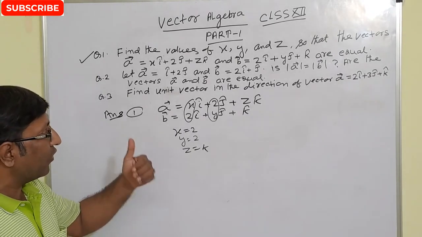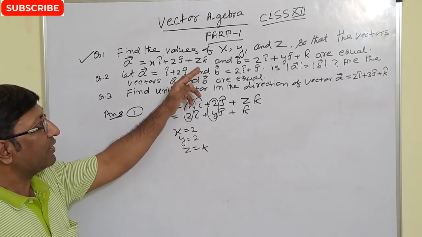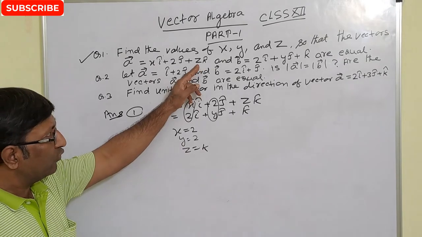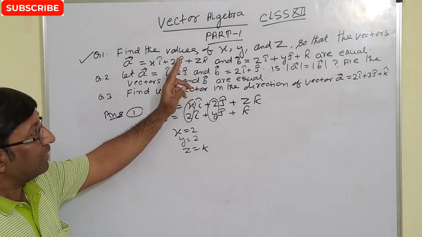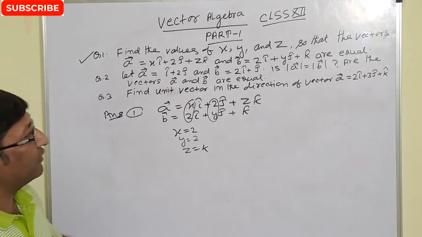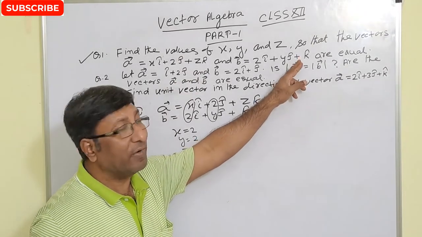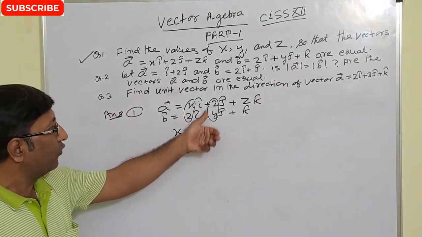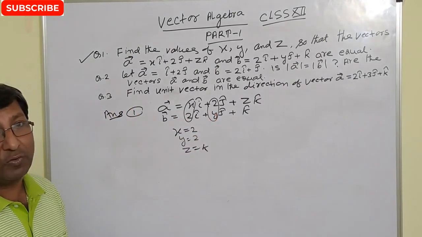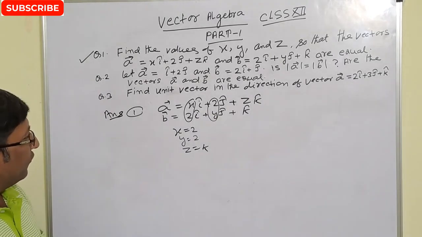In the same way, coefficient of unit vector k of the first vector is equal to coefficient of unit vector k of the second vector. So here x equal to 2, y equal to 2 and z equal to 2 is the right answer. So this is the first question.